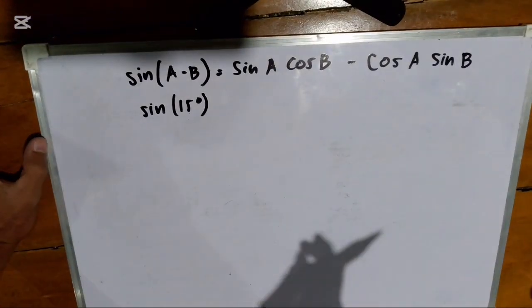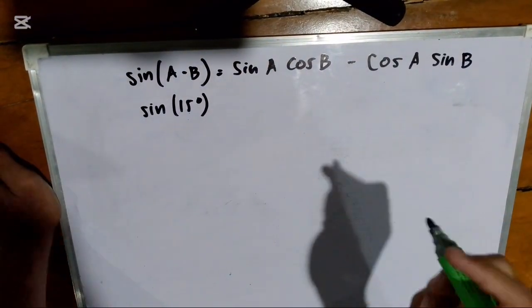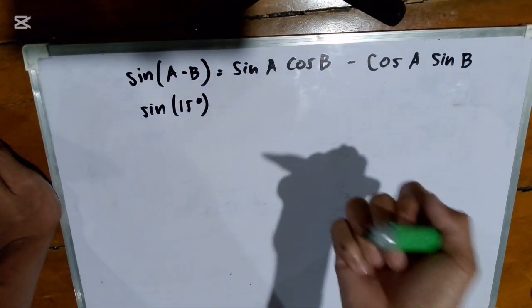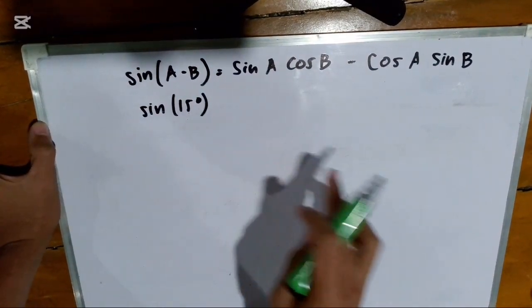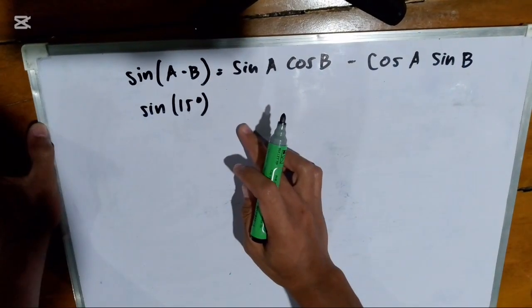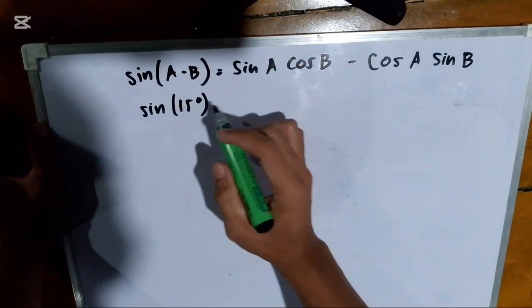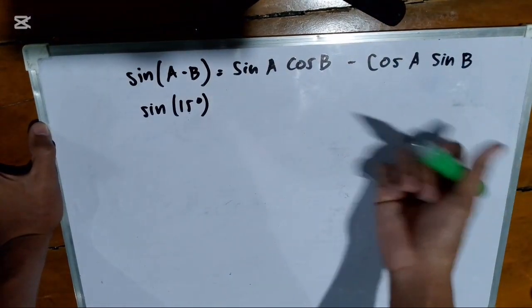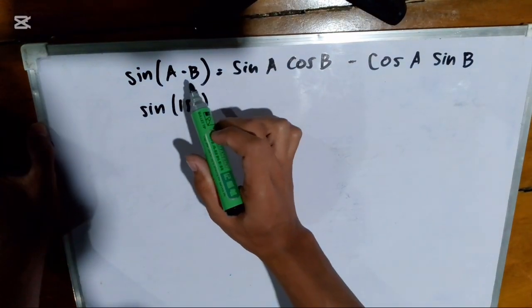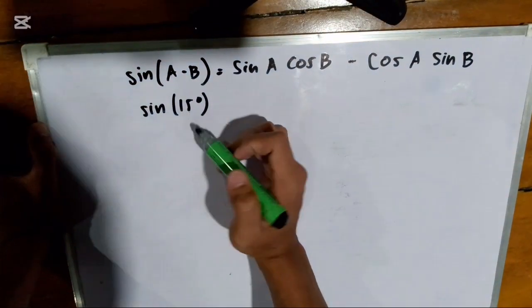Just like what we do in the sum identity, we need to find the two angles that would give 15 degrees, but it's not the same because you need to subtract to get this 15 degrees.